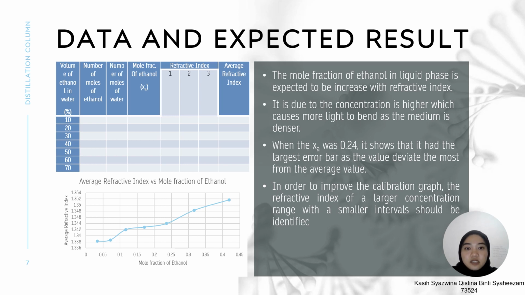It is due to the concentration being higher, which causes more light to bend as the medium is denser. When XA, the mole fraction of ethanol, is 0.24, it shows the largest error bar as the value deviates the most from the average value. In order to improve the calibration graph, the refractive index of a larger concentration range with a smaller interval should be identified.